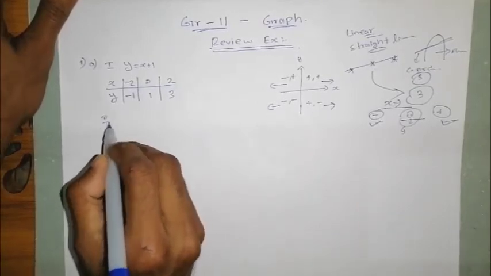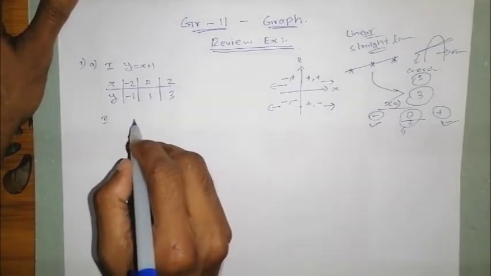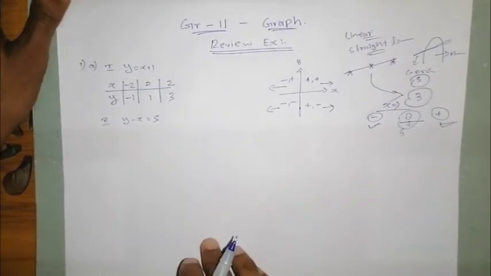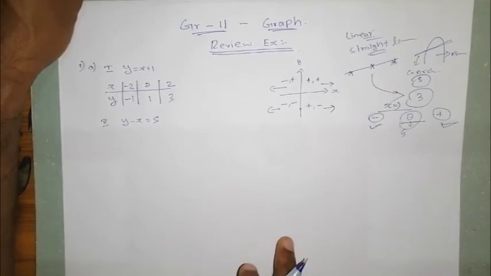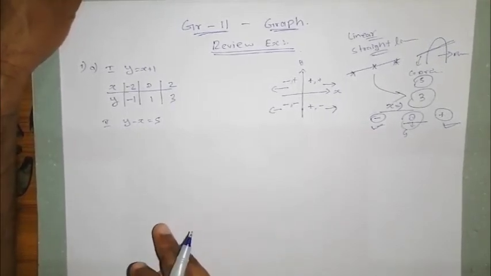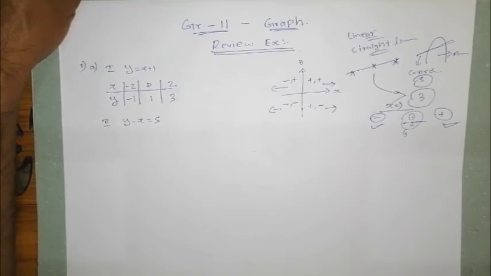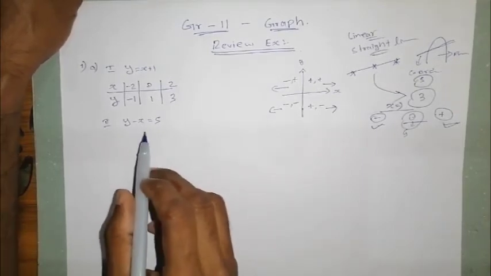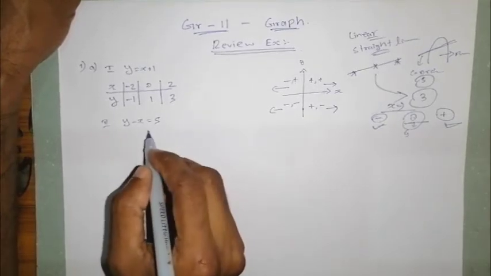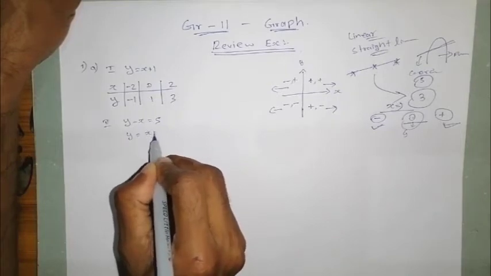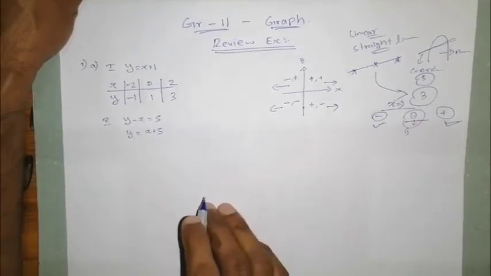So the second, we have y minus x equals 5. You can keep this equation like this, or you can change it, because some students have made some complication while using this equation. So the easiest format, y equals x plus 5, same equation.